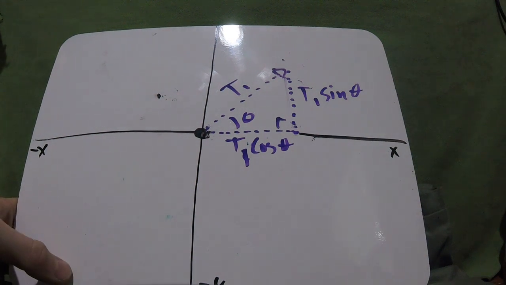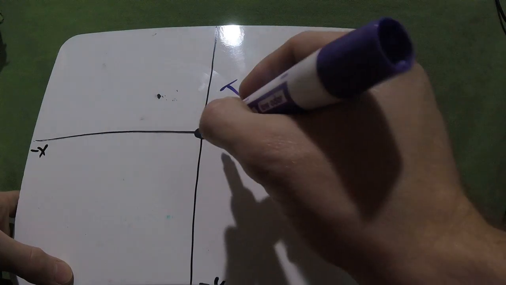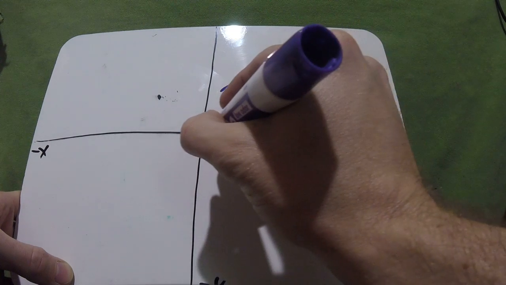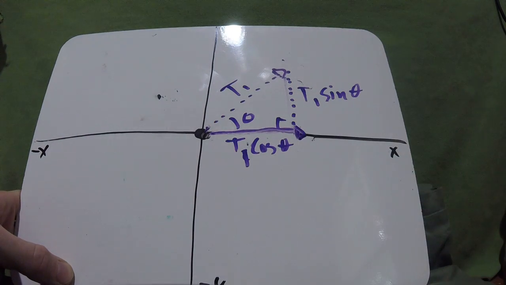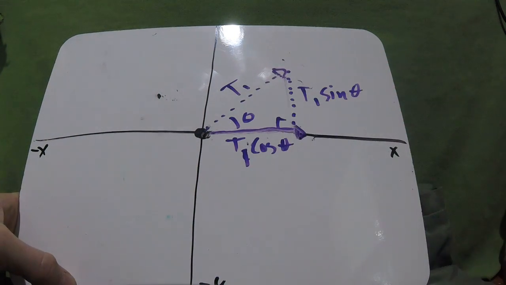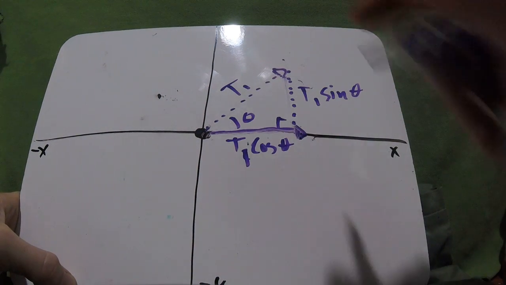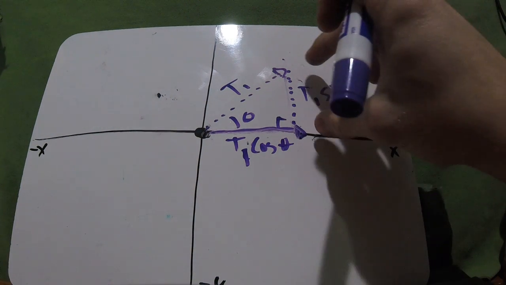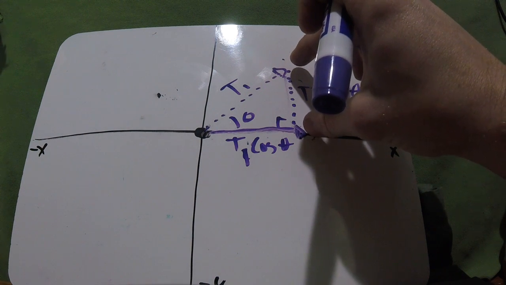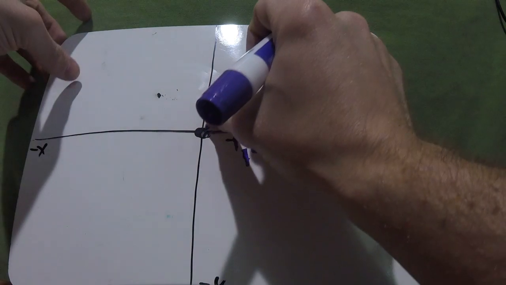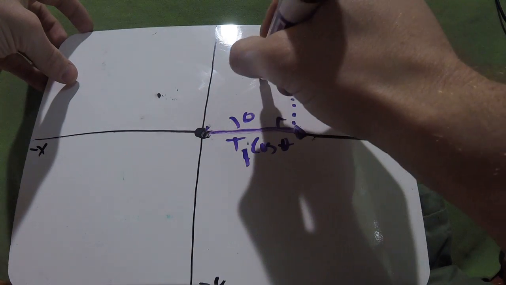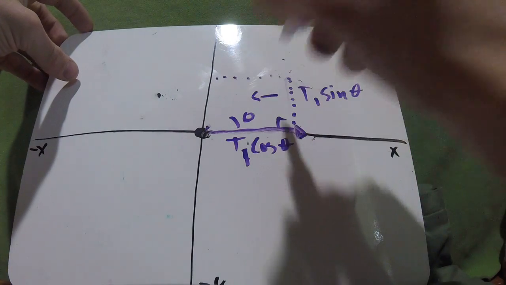Now, I think it's kind of easy to see the first one that I'm going to take, and that is that there's now this length acting in the x direction. Okay? And this is what we're going to call the x component of force T1. The trickier one to see is I'm now going to take T1 sine theta, and to show you this, I'm going to erase T1, and I'm going to move it this way.